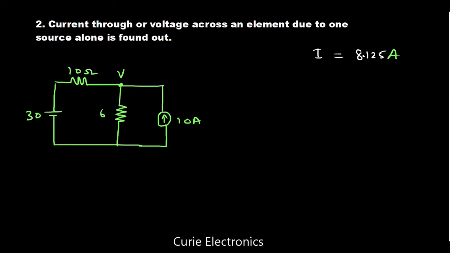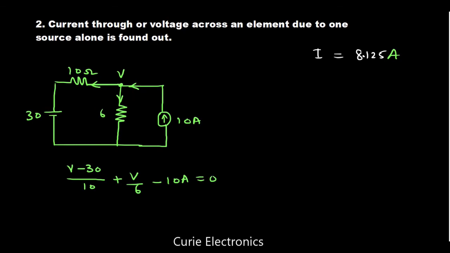We will consider the incoming current as negative; this current is incoming here and these two are outgoing. Taking outgoing current: V minus 30 upon 10 ohm plus V upon 6 minus 10 amps equal to 0.